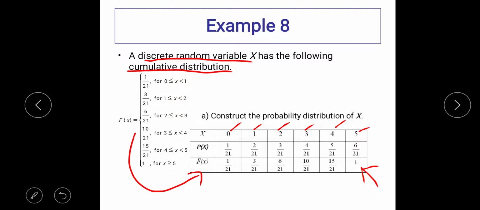So you have 1 over 21 when x is 0, 3 over 21 for x is 1, 6 over 21 for x is 2 and so on. And of course finally the value should be 1 because this is the cumulative frequency when the final x is 5. So if you want to find the probability distribution function, this is what you want to do. You need to subtract from your cumulative frequency.